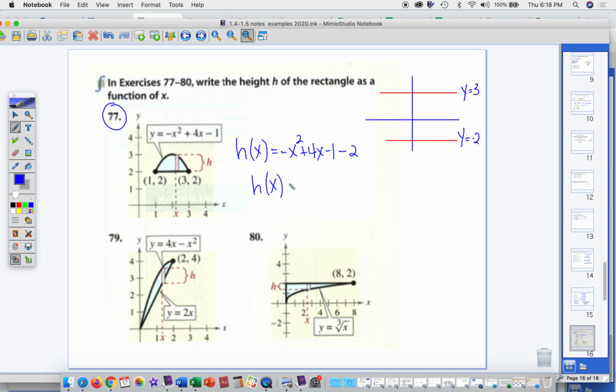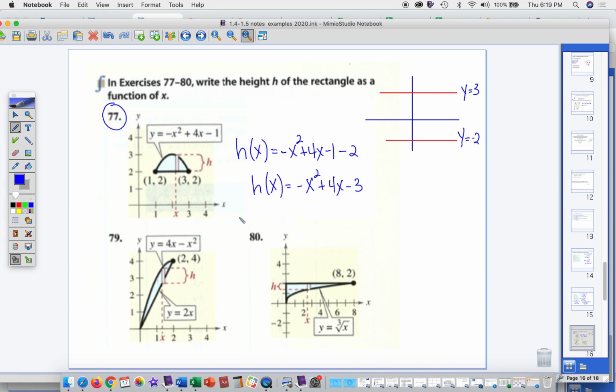So the height of any rectangle in a vertical direction between these two functions would be negative x squared plus 4x minus 3. I could plug in any value here between 1 and 3 and calculate that height.